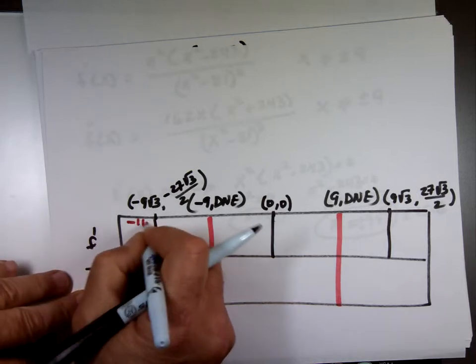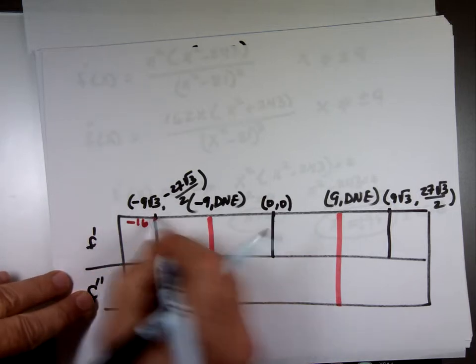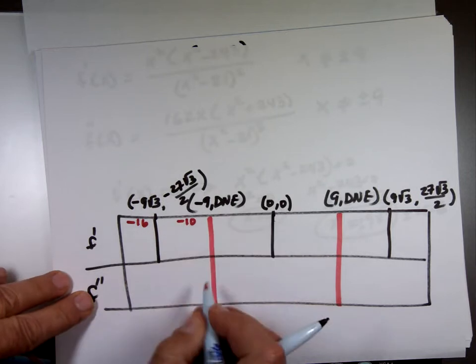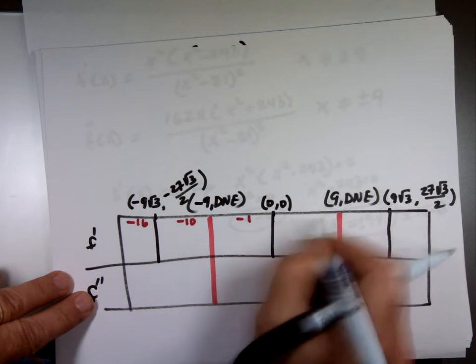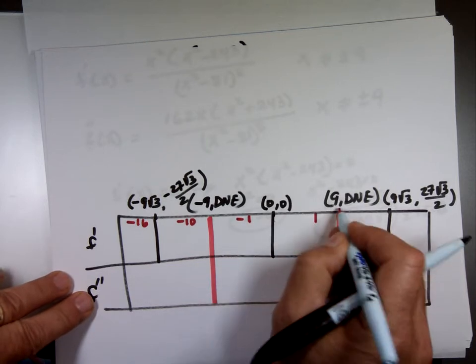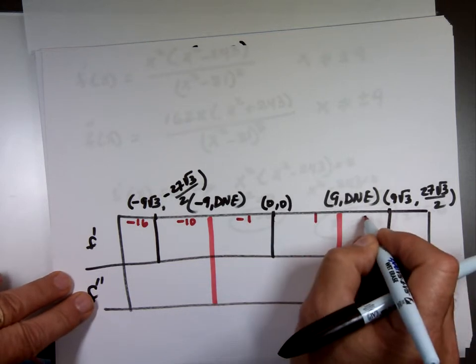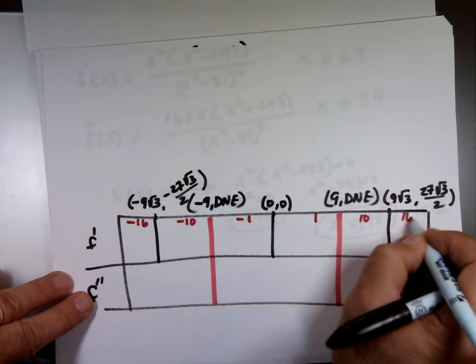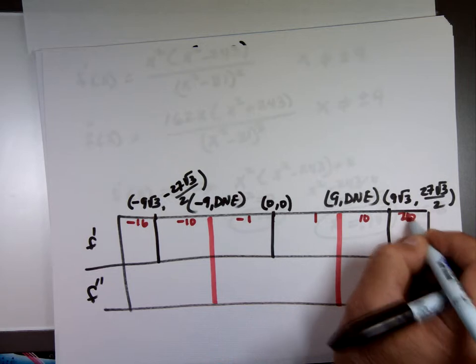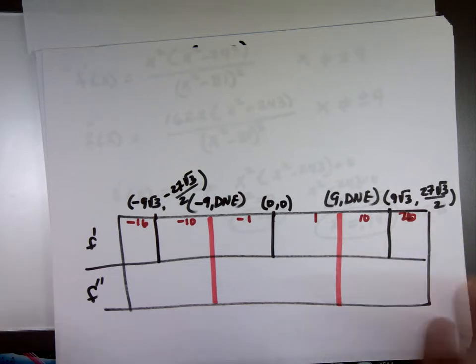Between negative 15.6 and this, I'll use negative 10. Between negative 9 and 0, about a negative 1. How about between 0 and 9, that's a 1. Between 9 and 15.6, how about a 10? 10 is a good number. How about a 16 or 20? 20 is a good number too, because decimal numbers, anything with zeros in them, are always good numbers.